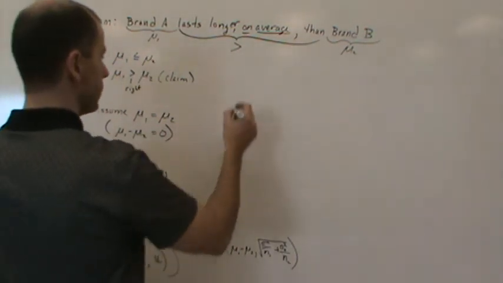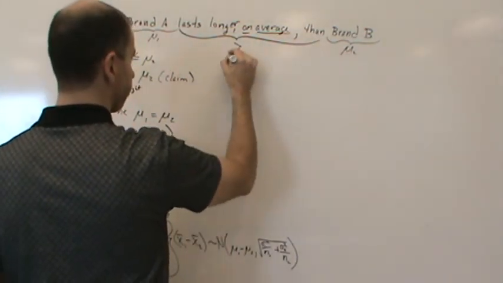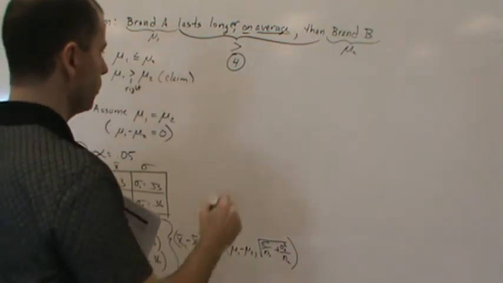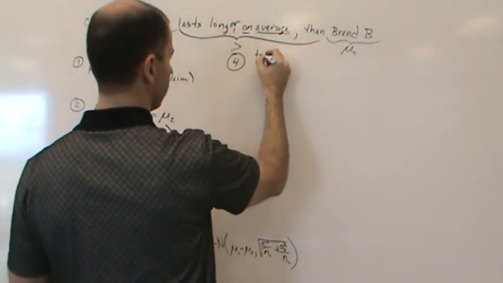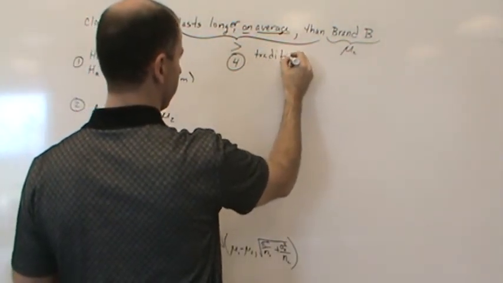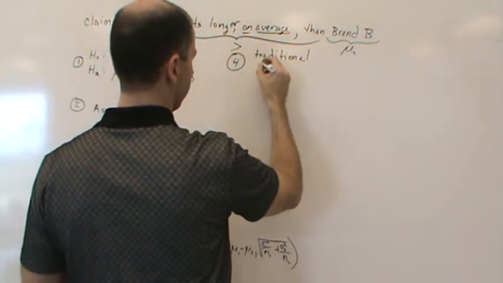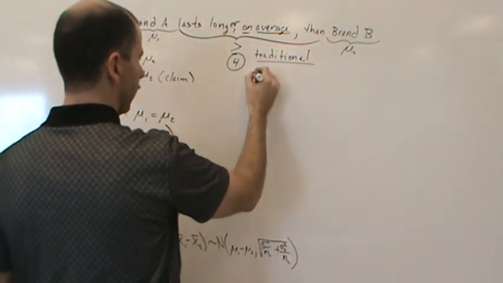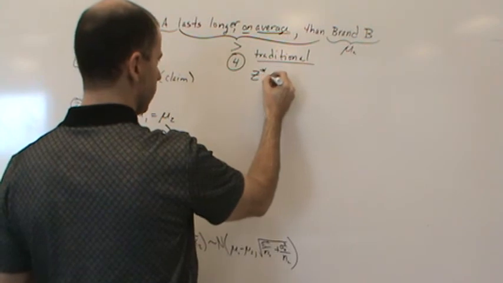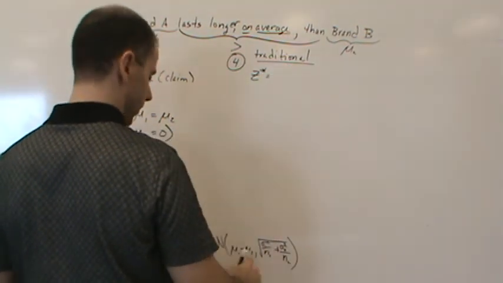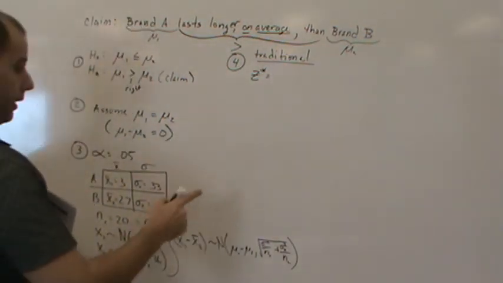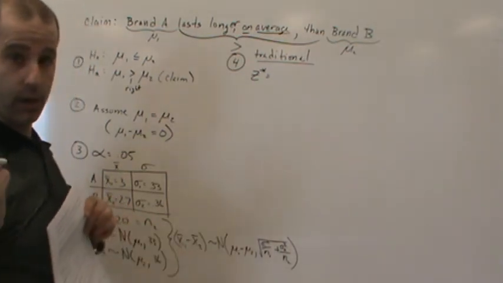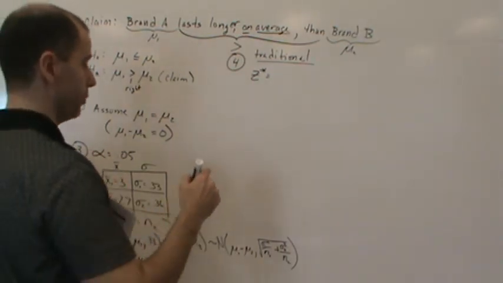Okay? So now in step 4, let's use the traditional method first. So we're going to calculate our z star. Under the null, the differences between the means are 0.